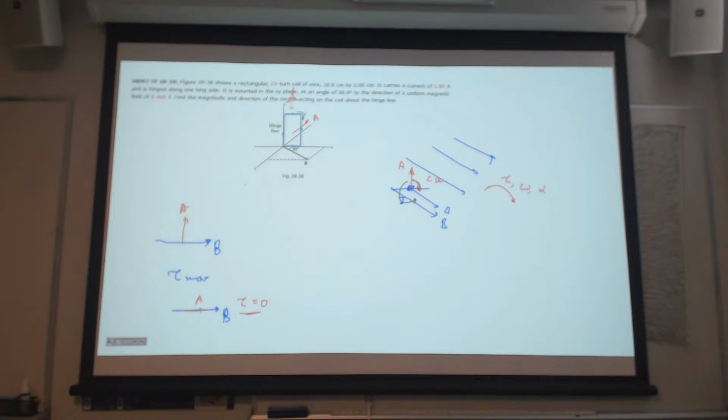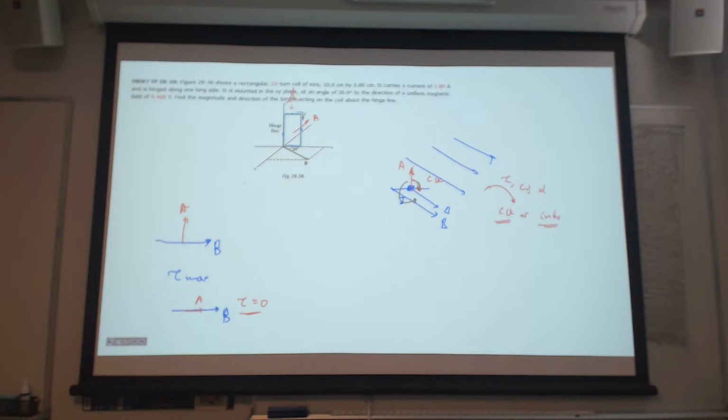Okay. So this will be the direction of the torque. Even in PY105, we had two different descriptions, clockwise or into, counterclockwise or out.